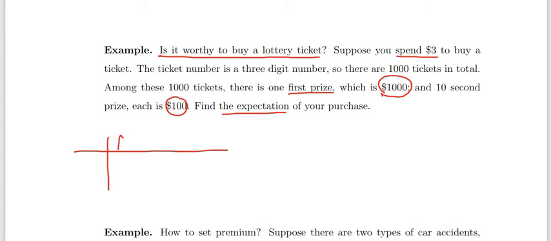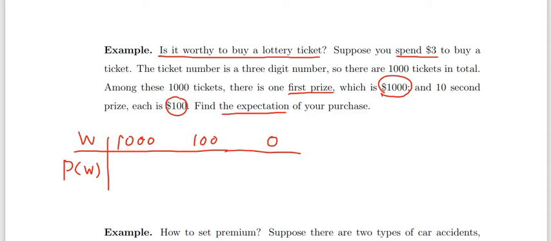You can win $1,000, right? Or you can get $100, or you may win $0, win nothing. So we also need to find the probabilities for each case.